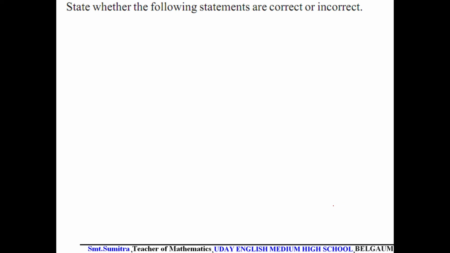Now we have a few statements. Read the statements and observe the correct or incorrect statements. If it is incorrect, you correct the statement. Let us see the statement.